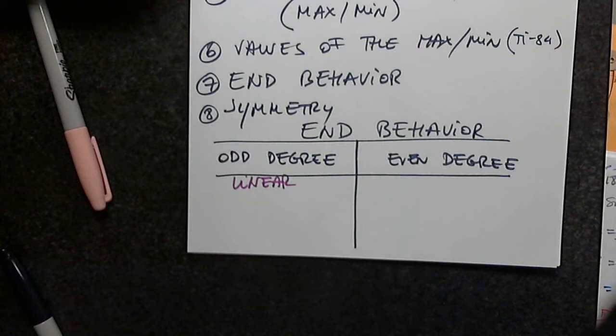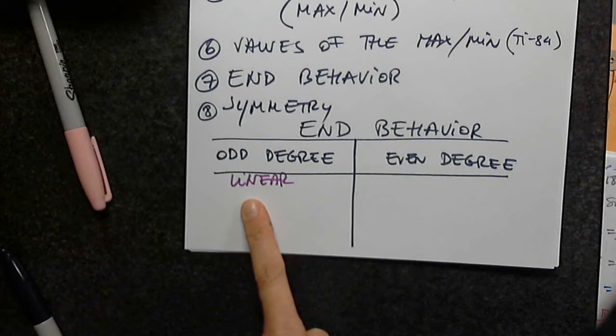What are the possibilities for a linear function? Case 1, which means a positive slope, which means it's coming from what values? And it goes to which values? So what is the end behavior of this function? It's a fancy way of saying it. It's negative infinity at this end and positive infinity at this end. So this is one option for a linear function, correct?